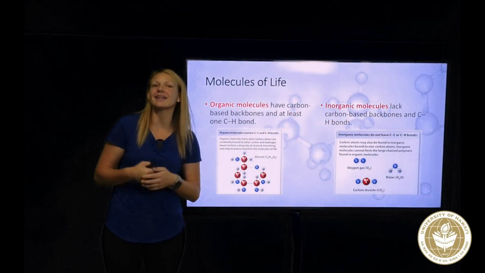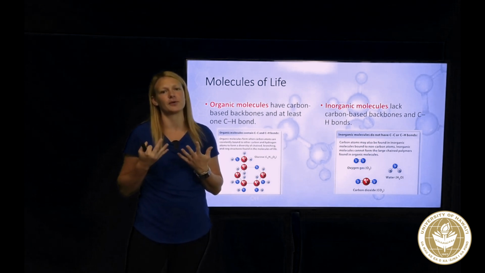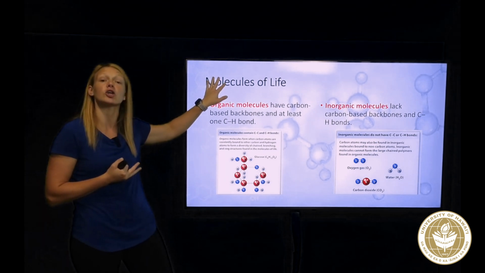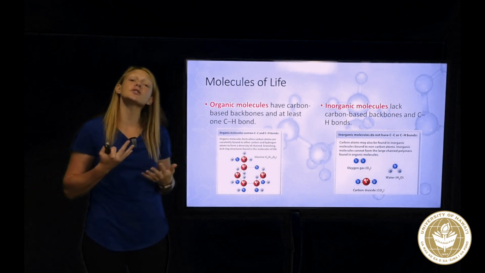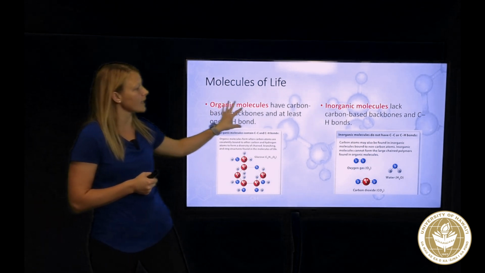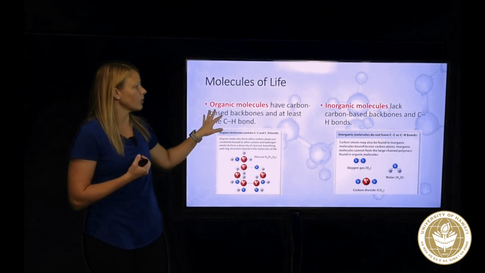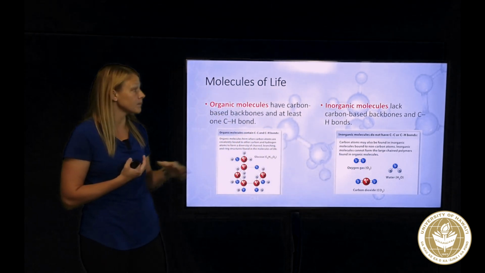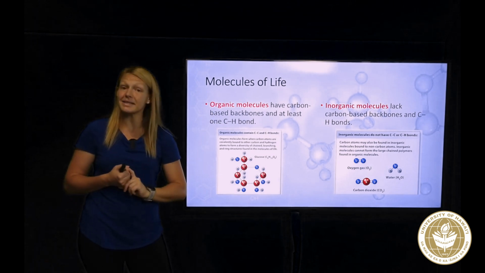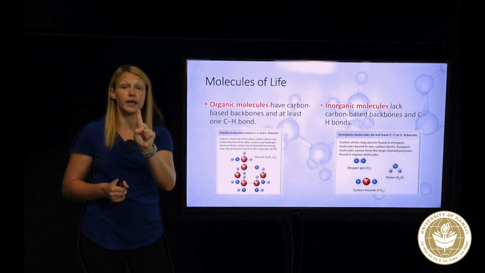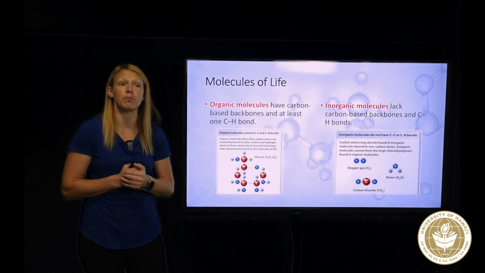So I told you we're going to talk a little more about organic molecules now that we're getting into looking at the molecules of life. So molecules are either characterized by being organic or inorganic. So for organic molecules, they have a carbon-based backbone, and they must have at least 1 carbon-hydrogen bond.